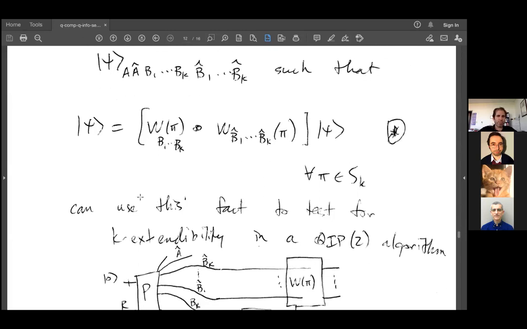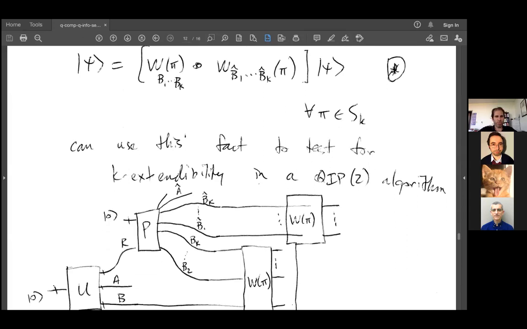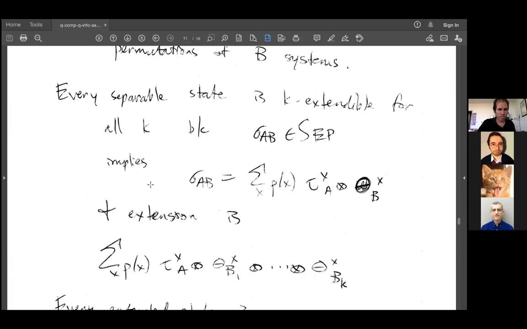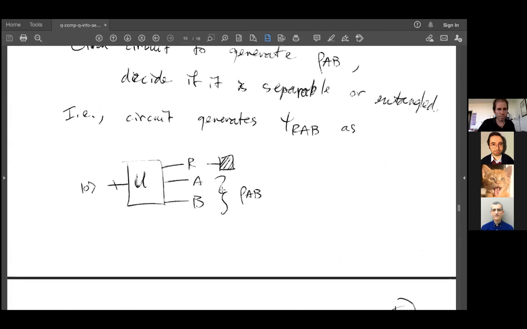So then we can use this fact to test for K extendability in a QIP2 algorithm, okay? Now I've depicted the algorithm here, and it's kind of a natural thing, right? One thing we know in quantum information is that every purification of a state is related to another purification by a unitary, right? So what's going on is we have the circuit to make the state rho AB.